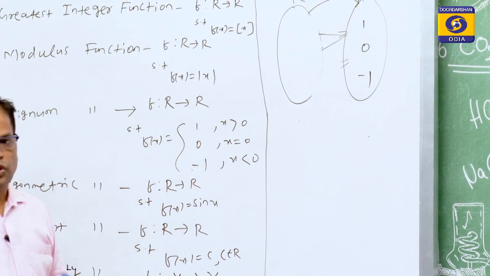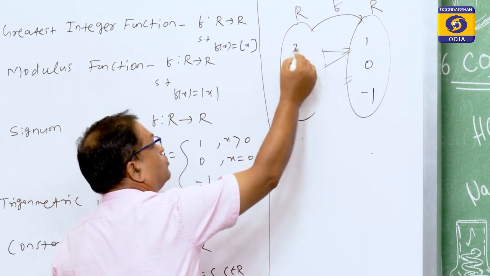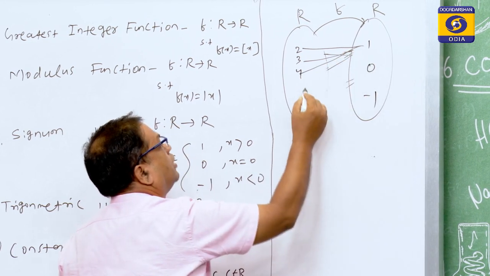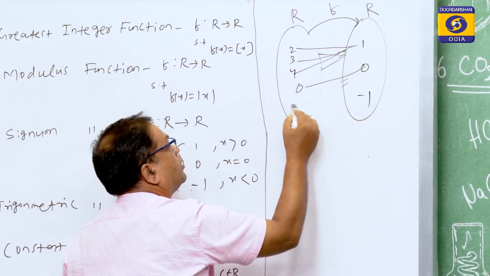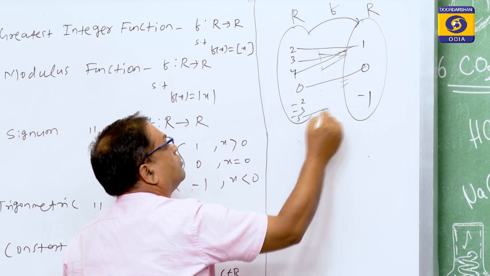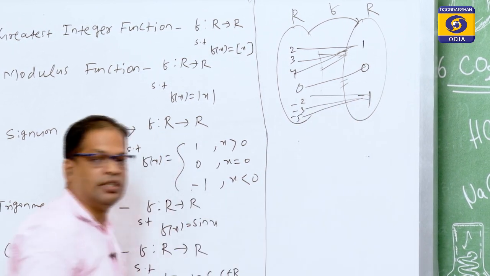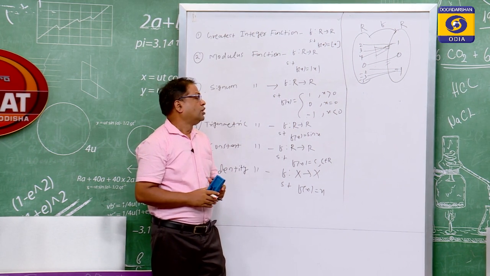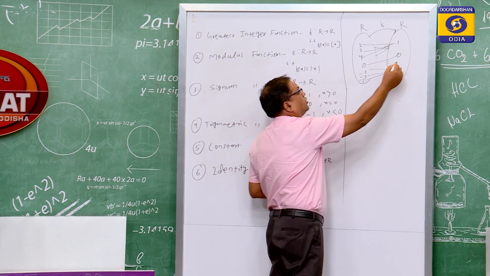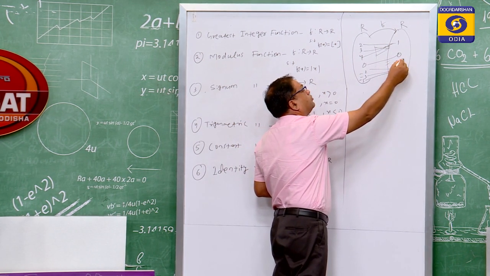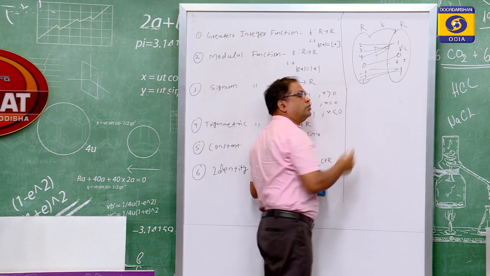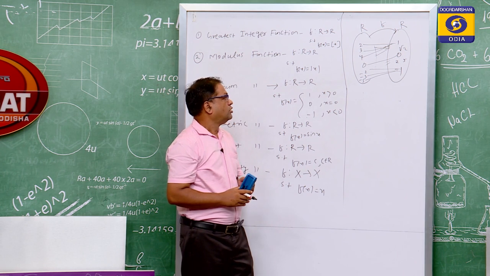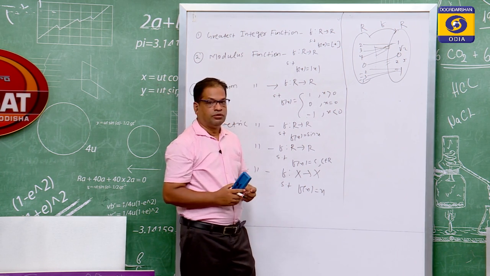When x is positive, that means 2, 3, 4, they go to 1, and for negative real numbers they go to minus 1. So the signum function is obviously a many-one function, and in the codomain there are other elements also, like 5 and root 2, which are not related. So the signum function is also not onto.